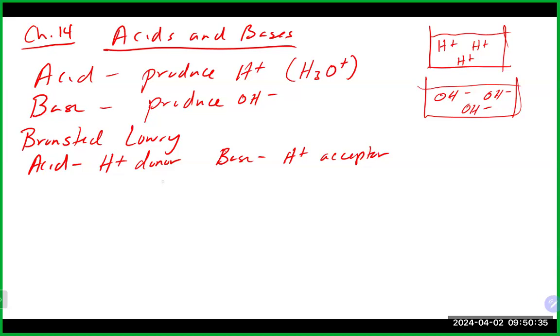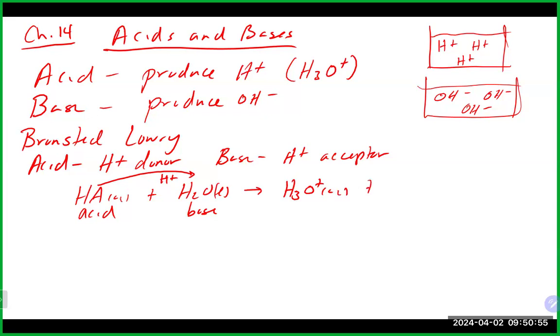And remember the consequence of our Bronsted-Lowry definition: say this is our acid, and this is our base. It's going to send over our H plus over here. We will make H3O plus and a little A minus.